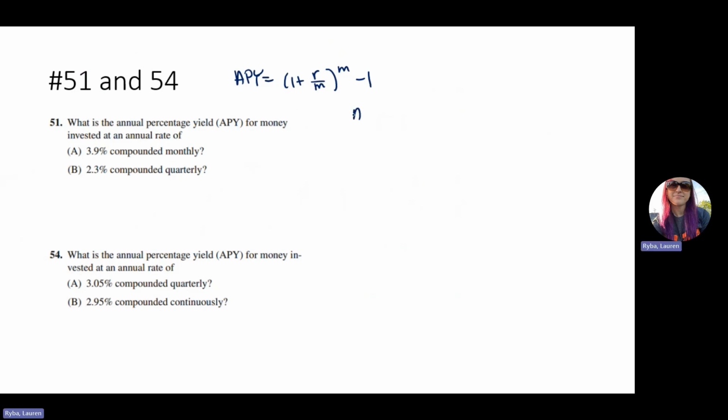So I'm just going to plug in what I got here. 1 plus the rate 0.039 divided by 12, raised to the 12th, and then I'm going to subtract 1.